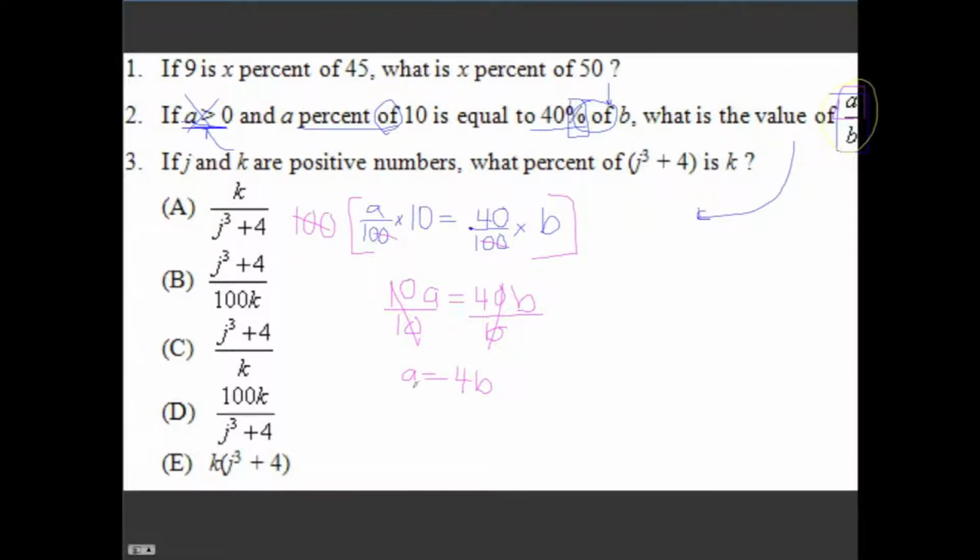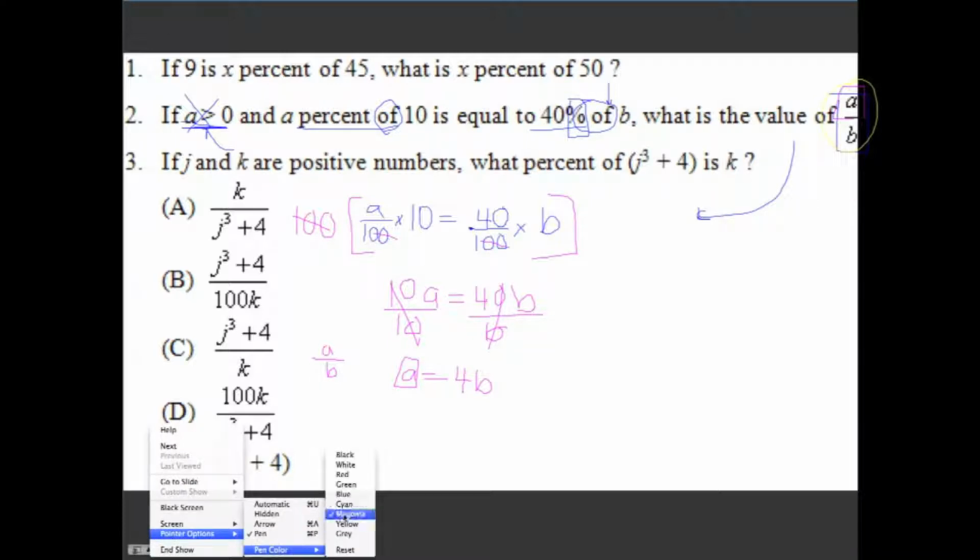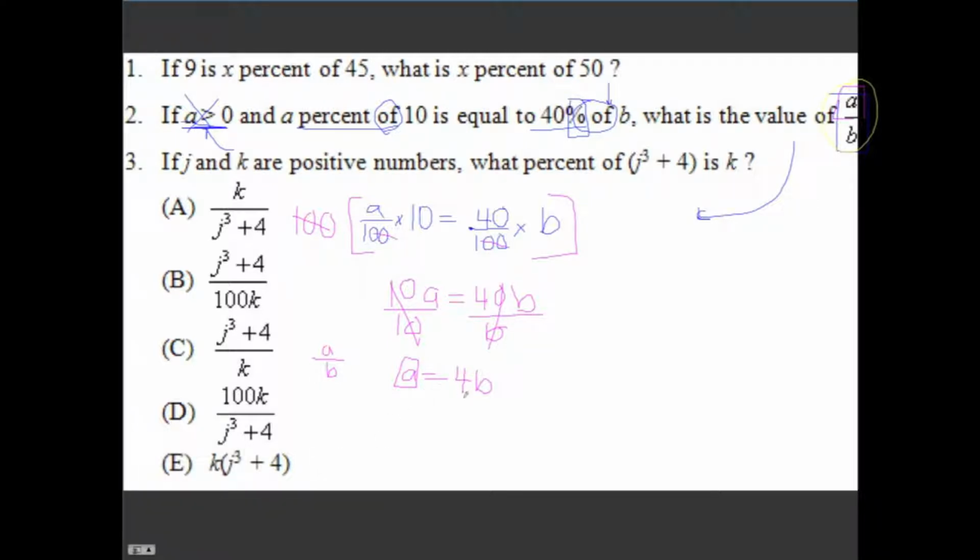But we're not trying to find A. We want A over B. Okay? So what we should do is divide both sides by B, and then we will be able to get A over B. If we divide both sides by B, we will end up getting A over B equals 4, because the B's will cancel.